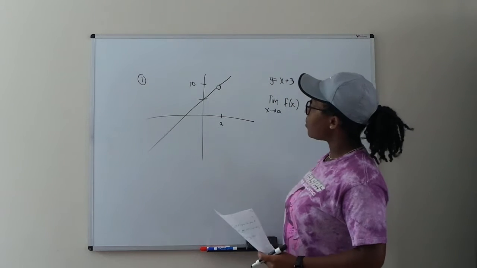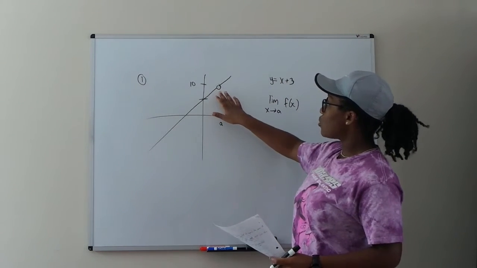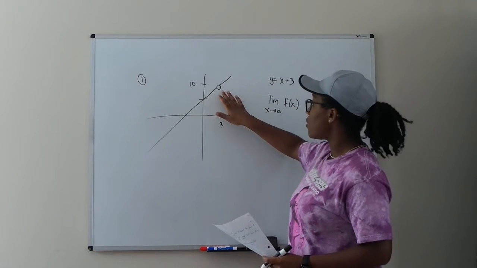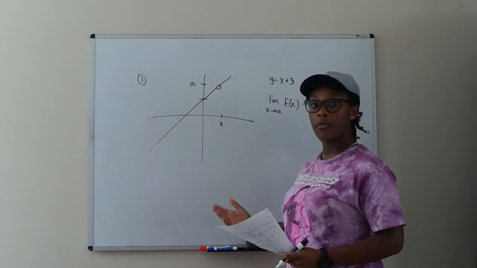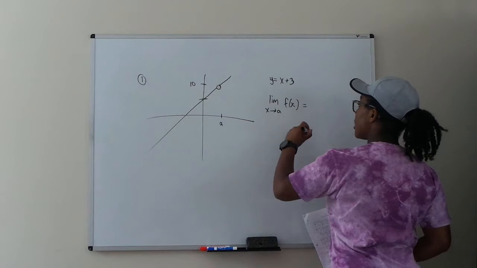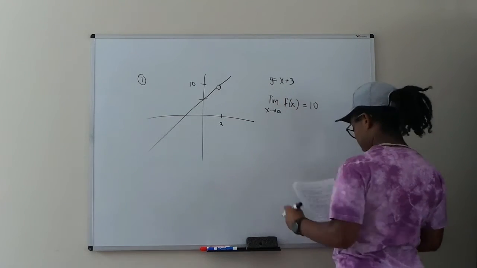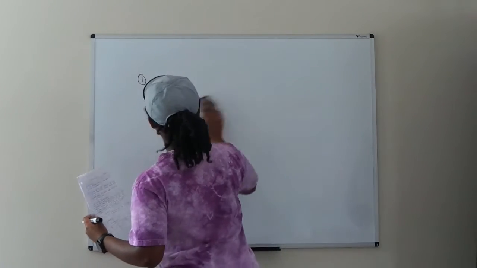We come down from the top, and it also looks like it's going to 10. It doesn't matter that the function isn't defined at that value. There's a hole there, but that's okay because the function is approaching 10 from both sides. So we can pretty safely say that the limit as x approaches a of f of x is equal to 10.